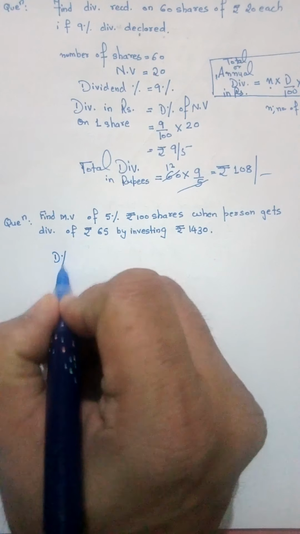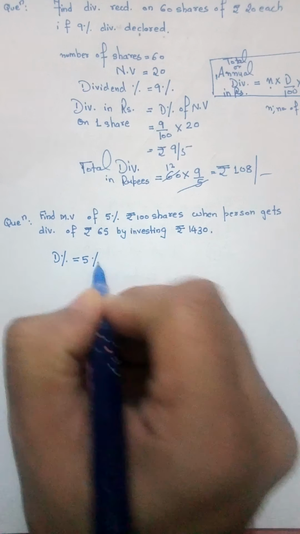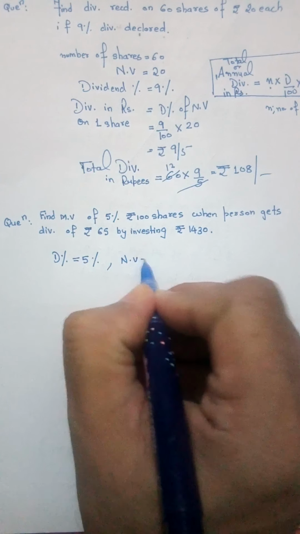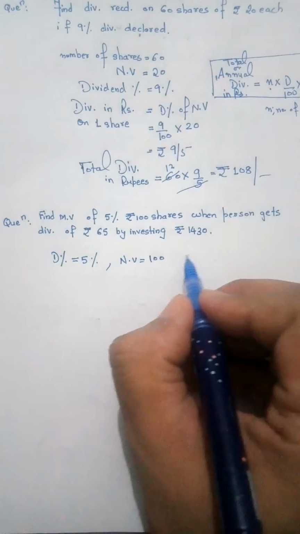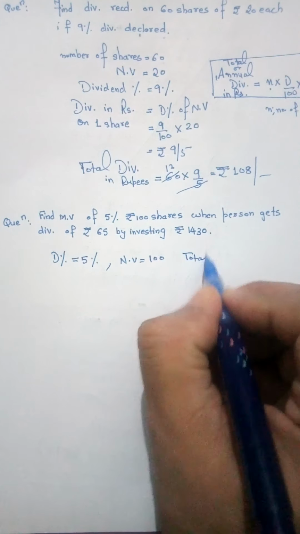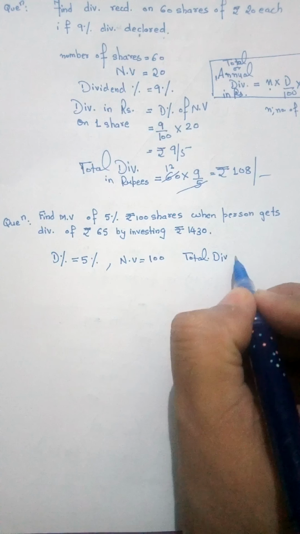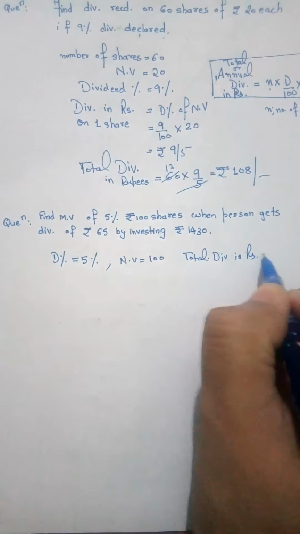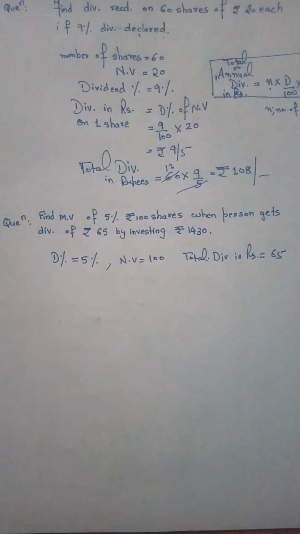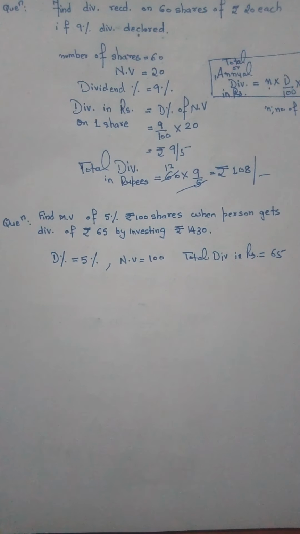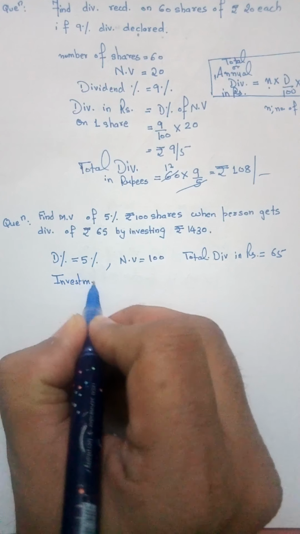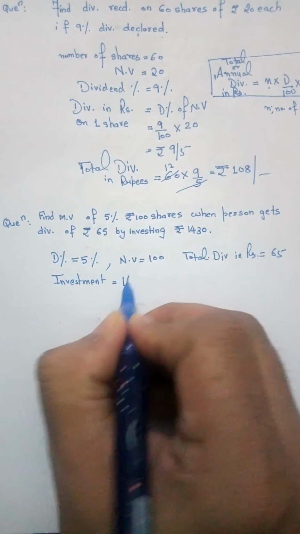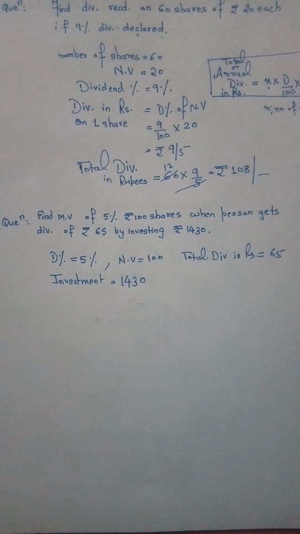That means d% is given as 5%, nominal value is given as rupees 100, and the total dividend in rupees is available to me as 65, and the investment is also given. Total investment done by the person here is 1430. And what is the question? We have to find the market value of one share.